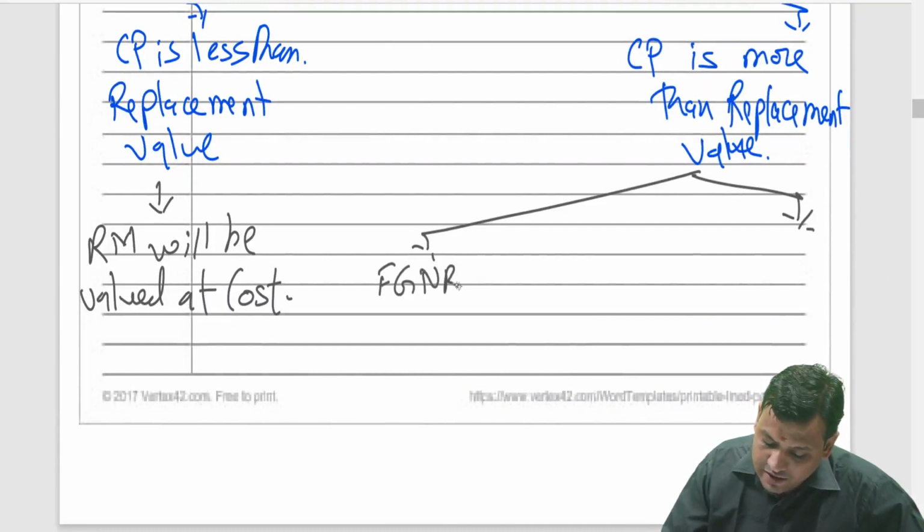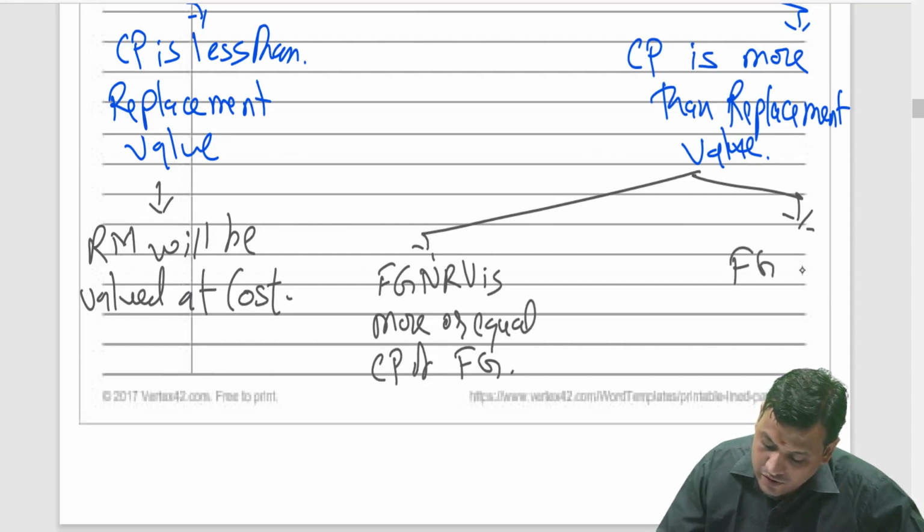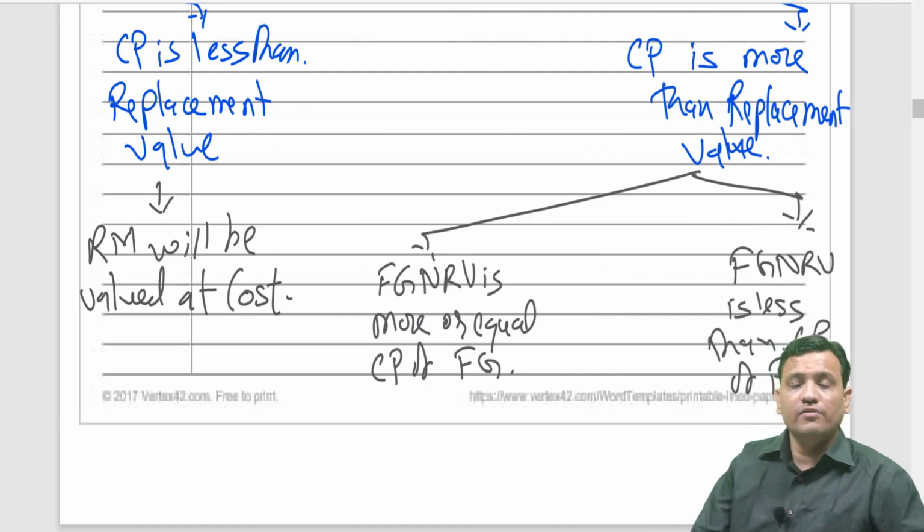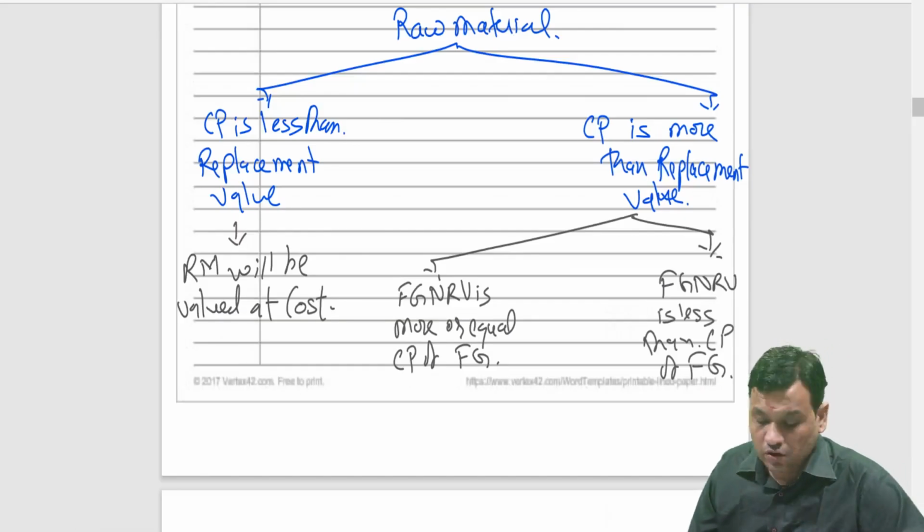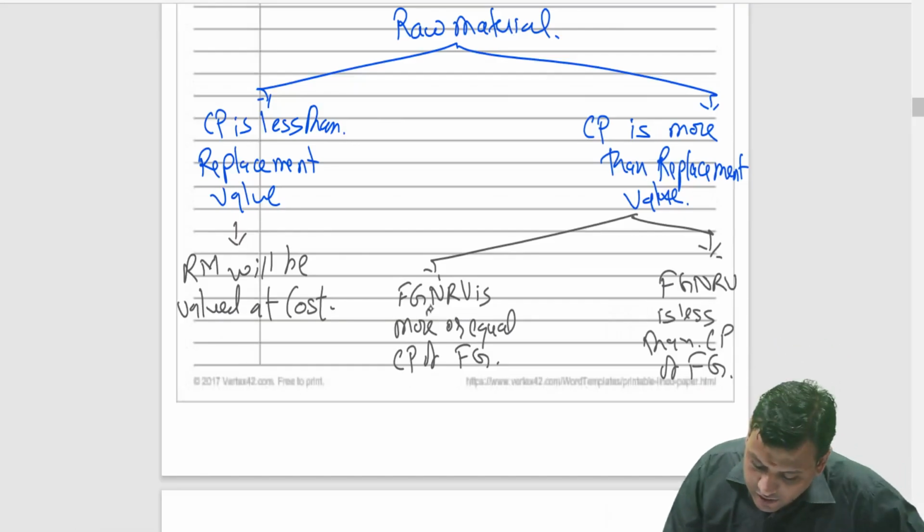Either finished goods NRV is more than or equal to cost, or finished goods NRV is less than the cost price of finished goods. Then the valuation depends on the finished goods NRV.